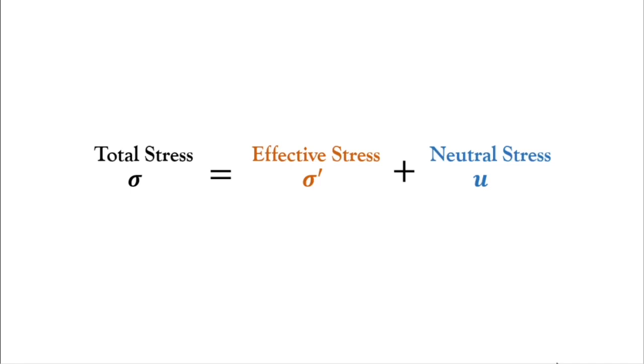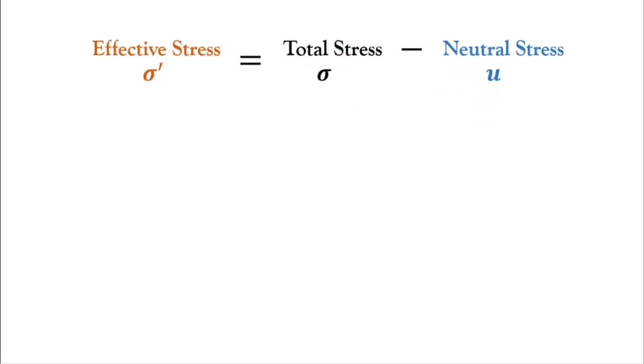But since we are more interested in solving the effective stress because it is one of the parameters used to measure the strength of the soil, let's rearrange the terms so that we have an equation that gives us the value of the effective stress. So sigma prime is equal to sigma minus U.